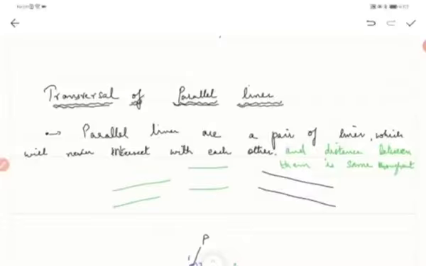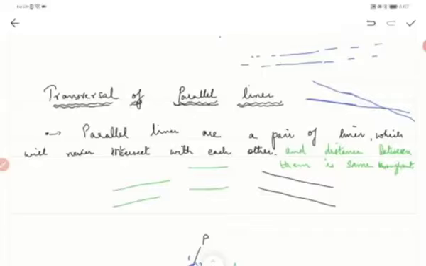It is the same, but with parallel lines. What are parallel lines? As I have already told you, parallel lines will not meet. If you extend parallel lines further, they will not meet at any point. If you have lines something like this, and you extend them, at some point they are going to intersect, whereas parallel lines will never intersect. We have studied this.